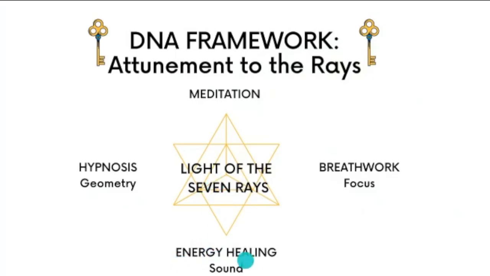And we use energy healing as a tool to open to the sounds of the rays as they express through the words that we use to describe them and through the silence, because the silence itself that we connect with in meditation emits a sound within your inner ear. You may hear guidance when you are working with your crystals, not spoken out loud like a voice coming down from the heavens, but instead in the stillness of your mind.